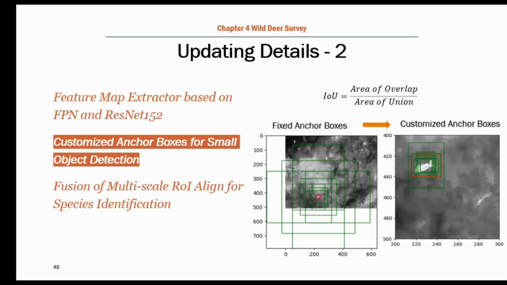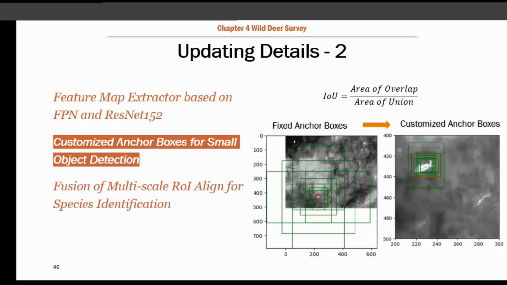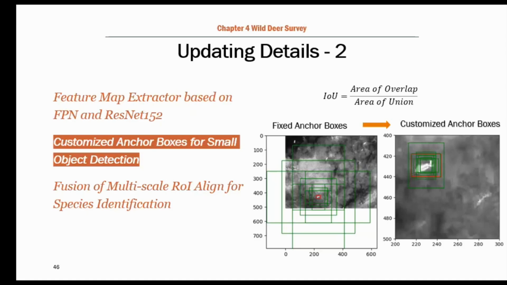But original Faster R-CNN used fixed-sized anchor boxes as shown in the left figure. We can see these fixed-sized anchor boxes are large, so the IoU value between the green anchor boxes and the red boxes is very, very small.